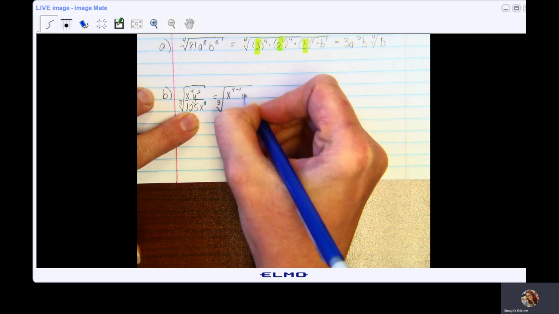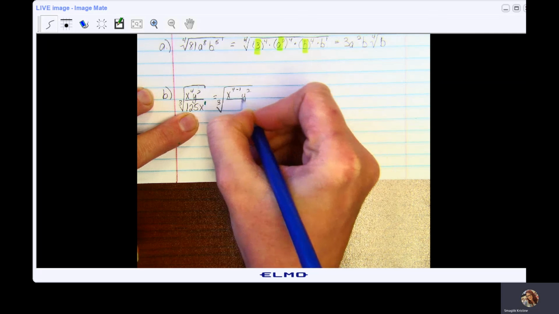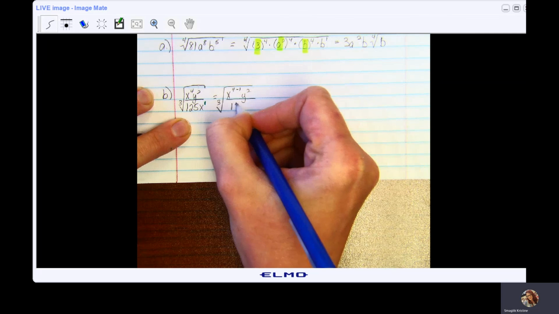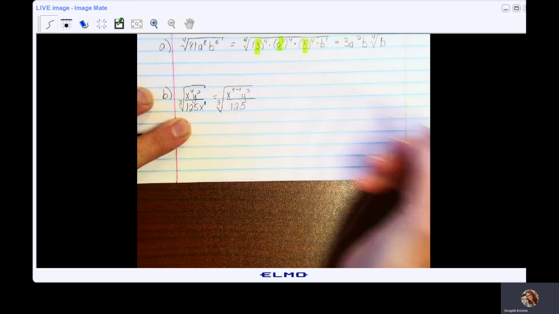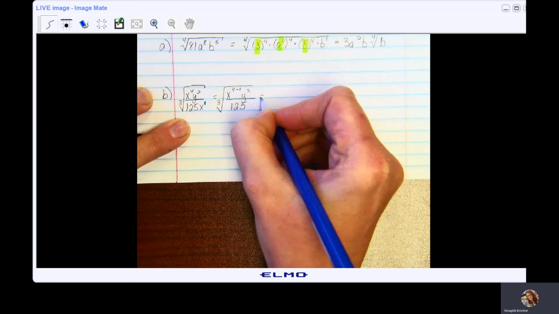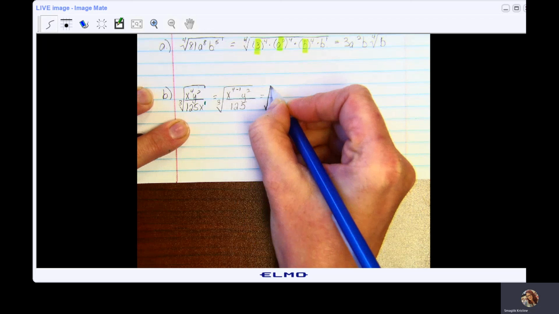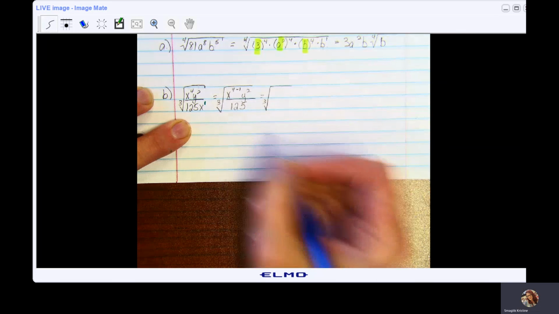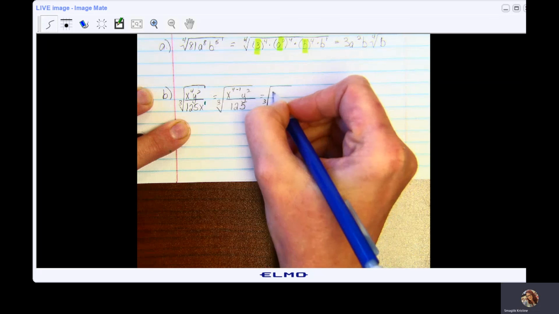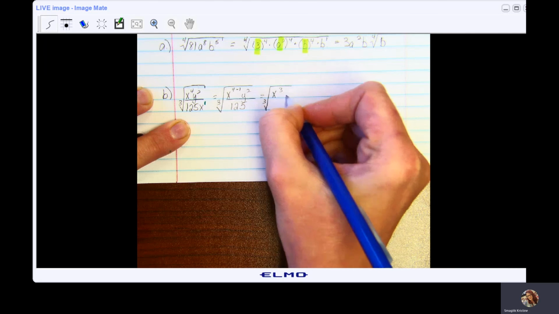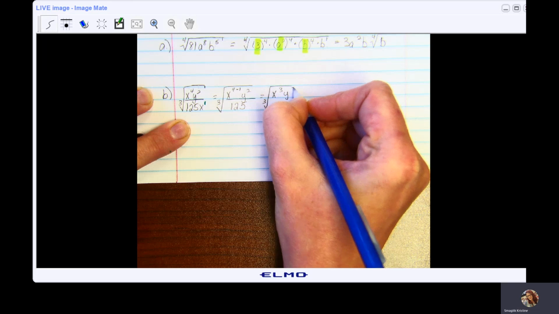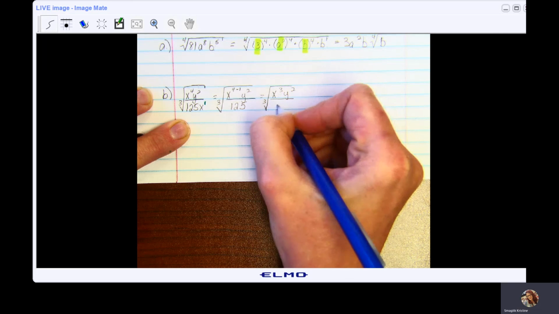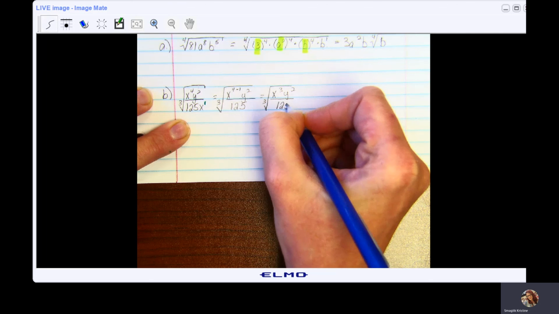Okay, then I still have the y squared all over 125. Now, again, I'm just going to clean this up. You might not need to show this step if you're comfortable. So this is x to the 3rd y squared all over 125.